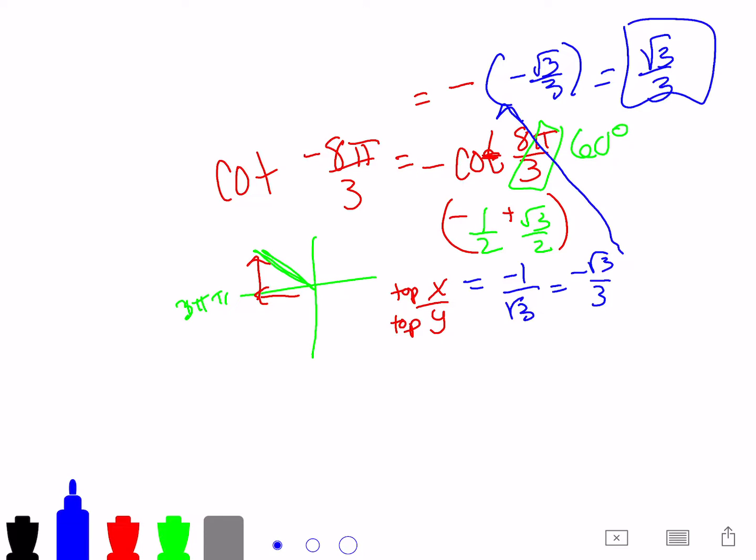Now we can also use our coterminal angles to help us out. For example, if I give you sine of 945, and I want you to write it as an equivalent expression with a value between 0 and 360, we need to find a coterminal angle.